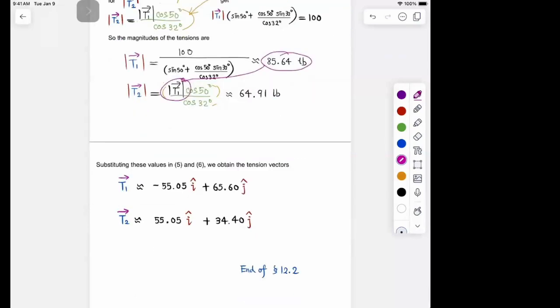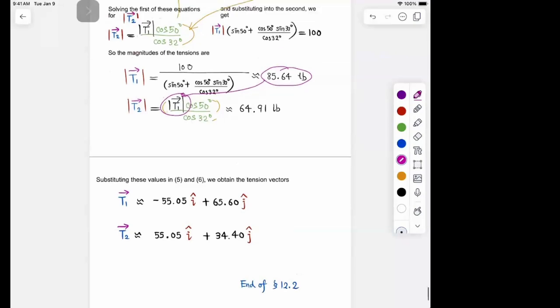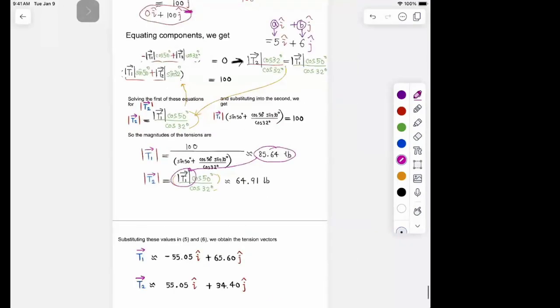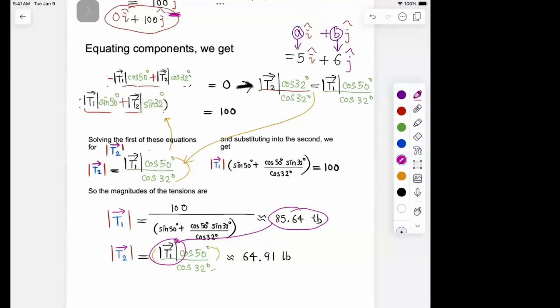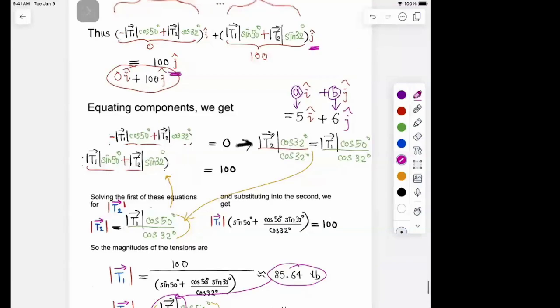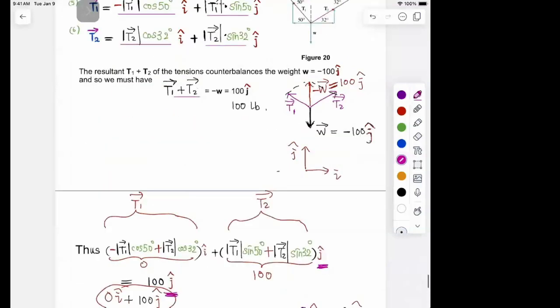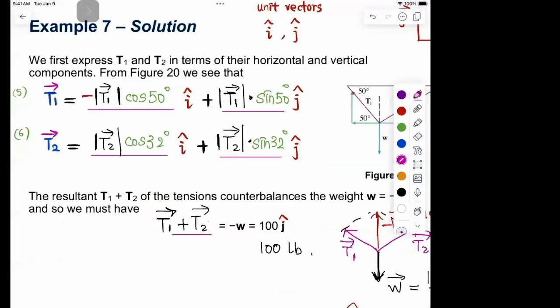But what about the vectors T1 and T2? Well, if you know the magnitude, remember we break it into components, right? Remember the first component of T1 along the x direction will be the first component.